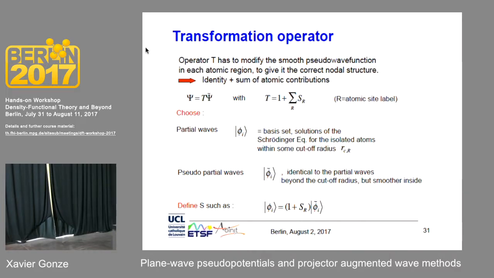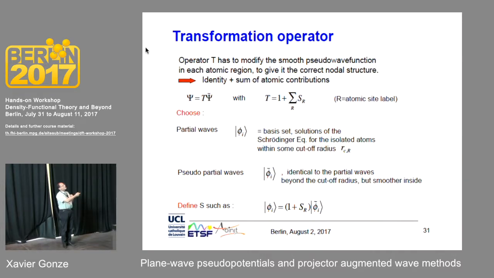The transformation operator will be 1 plus a sum of atomic projectors or atomic operators. And these atomic operators will be defined by the following transformation.